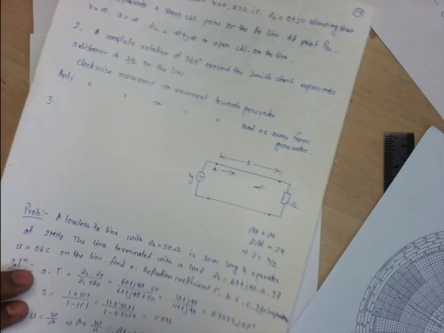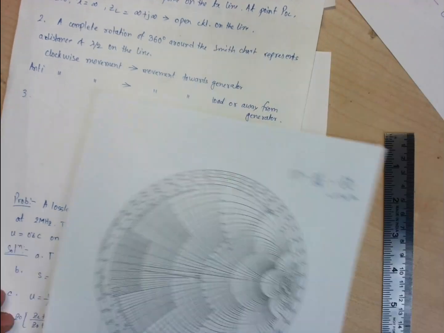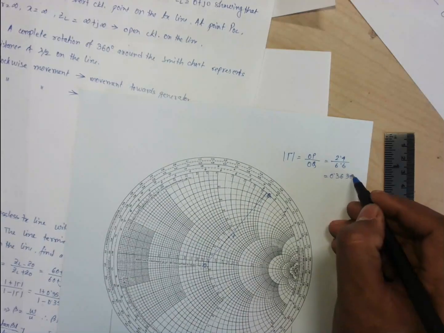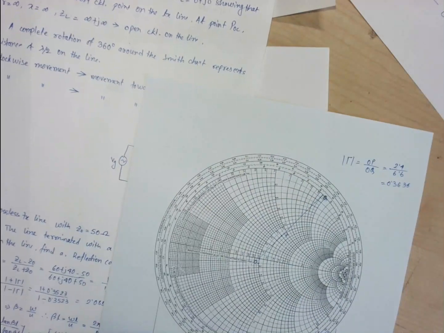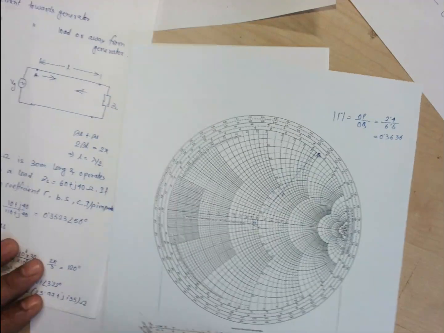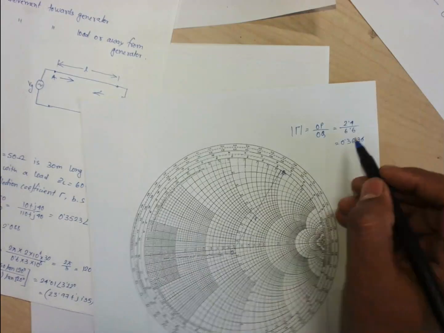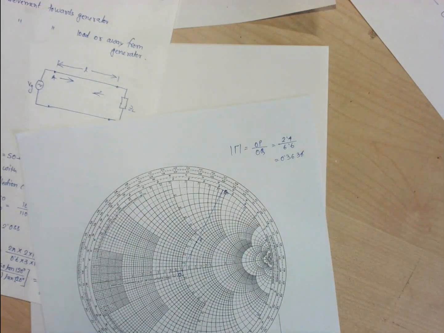Numerically it is coming out as 0.3523 and graphically we have found 0.3636, right? So almost near to it. The graphical value has a little bit of error, but is almost near to the numerical value. This is the mod value, the gamma mod value.